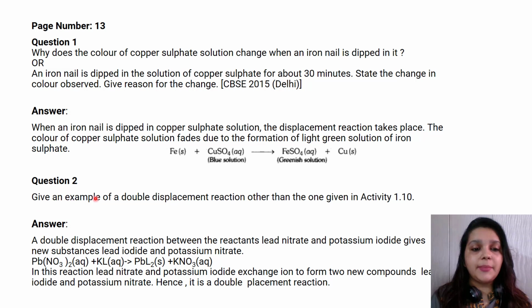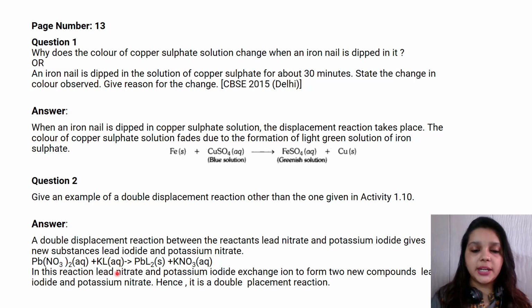Question number 2, give an example of a double displacement reaction other than the one given in activity 1.10. So 1.10, you can always go back there. A double displacement reaction between the reactants lead nitrate and potassium iodide gives new substances lead iodide and potassium nitrate. Pb(NO3)2 plus KI gives PbI2 and KNO3.